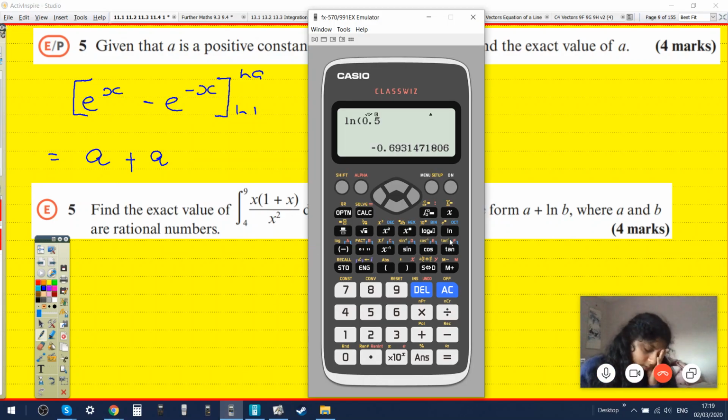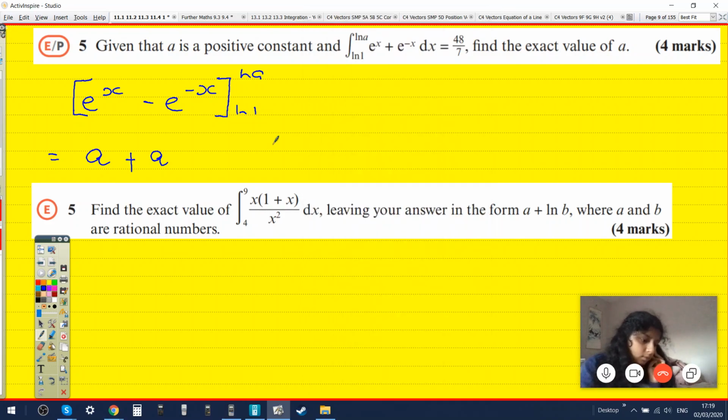And then minus 1. I got 2A minus 1 minus 1. I got 2A minus 2. And then 2A minus 2 is equal to 48 over 7.